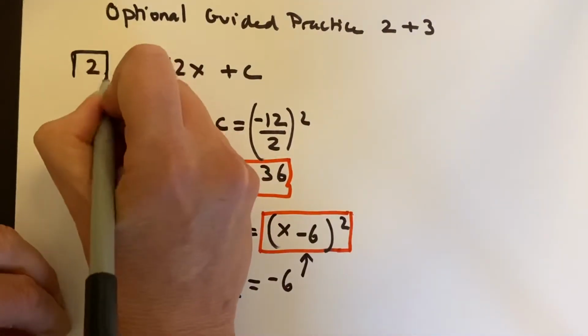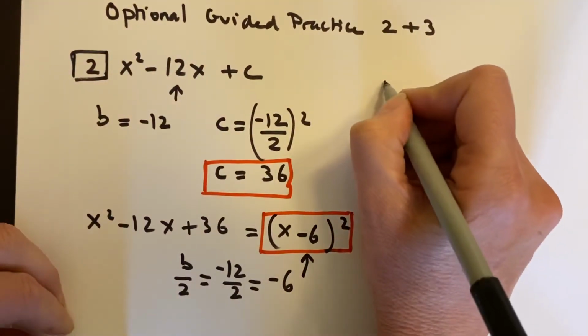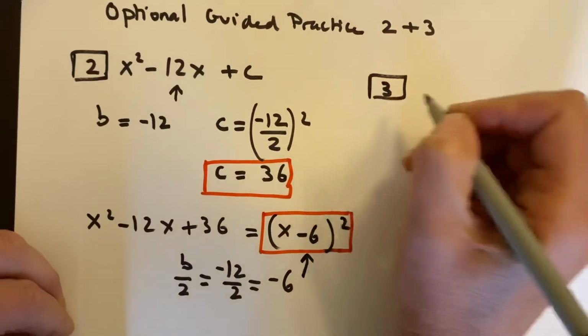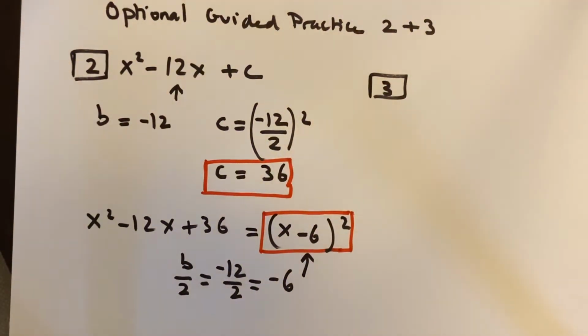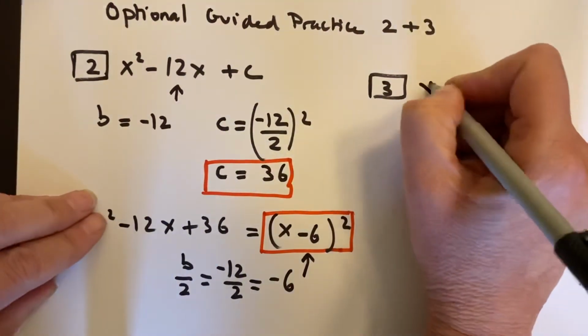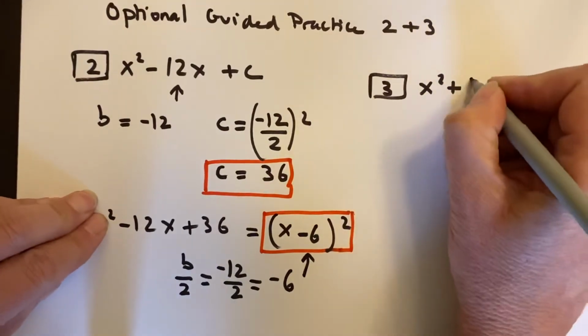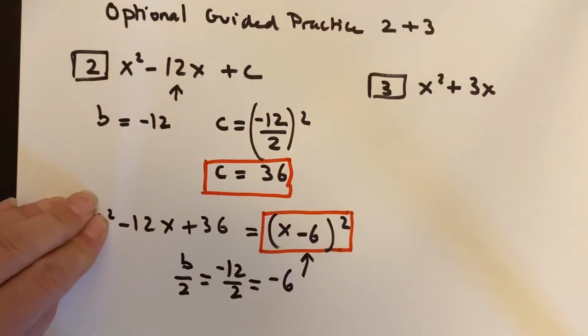I have not left myself a lot of room, so I will try to squeeze in number 3 here. x squared plus 3x plus c.